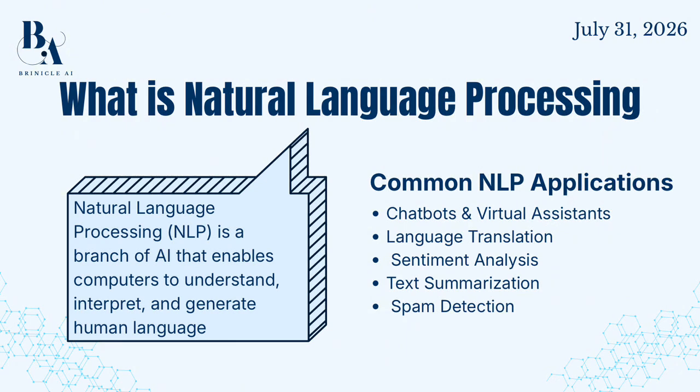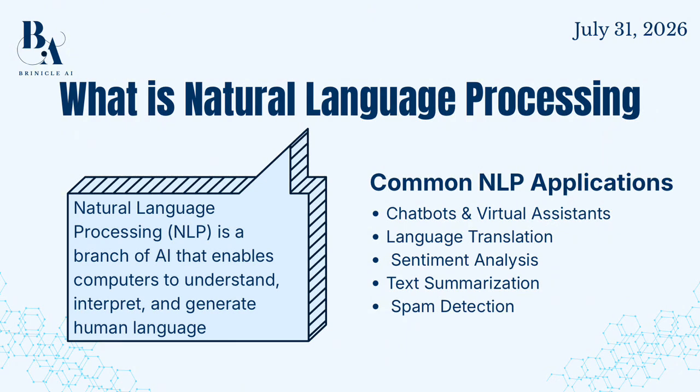You already interact with NLP every day. When you use Google Translate, ask a virtual assistant questions, receive a spam email warning, or chat with a chatbot, you are using NLP technologies. Over the years, NLP has improved dramatically, and one of its greatest advancements is the development of large language models, or LLMs, which we'll explore next.